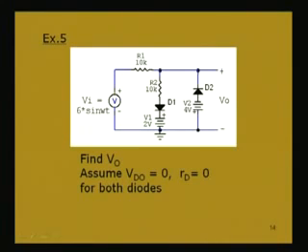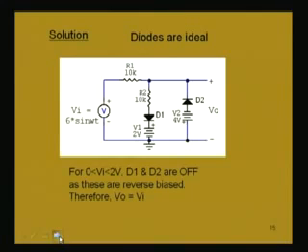In the positive half cycle of Vi, up to Vi less than 2 volt, it is also reverse biasing diode D2. So, if we consider the portion when Vi is from 0 to 2 volt, we find that D1 and D2 are both off, both are not conducting. So, both are reverse biased and not conducting.